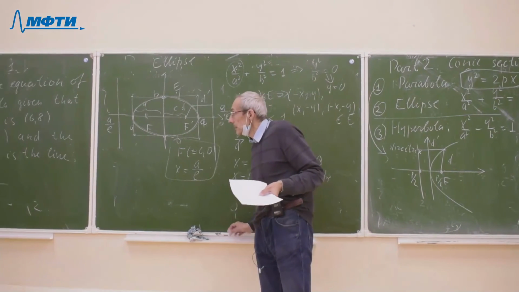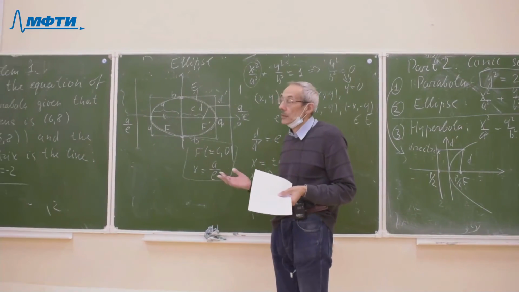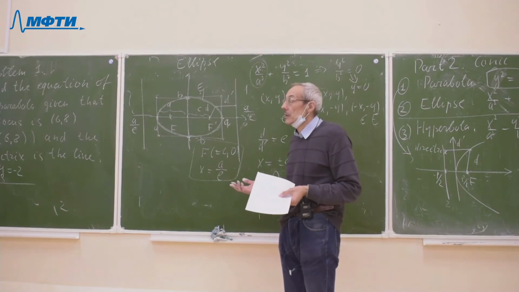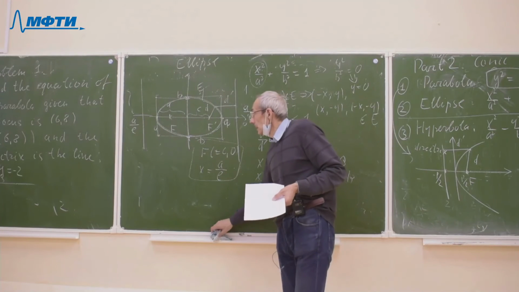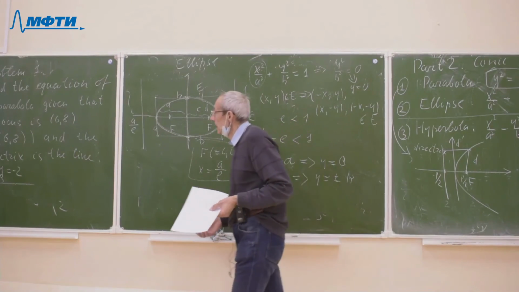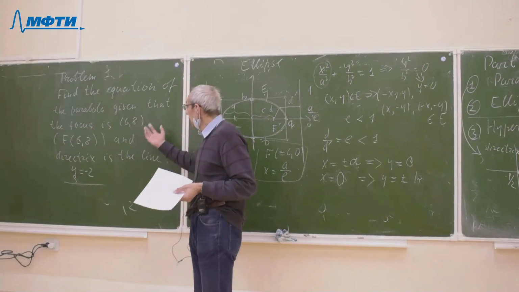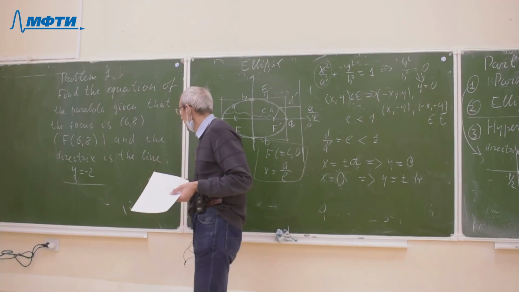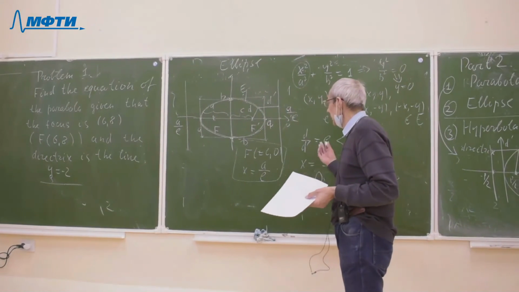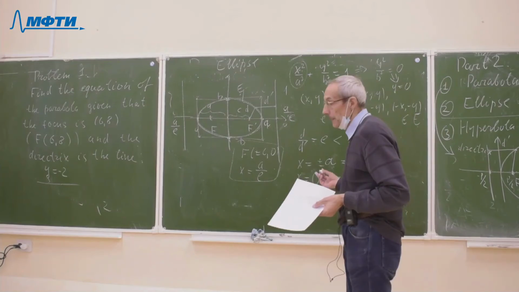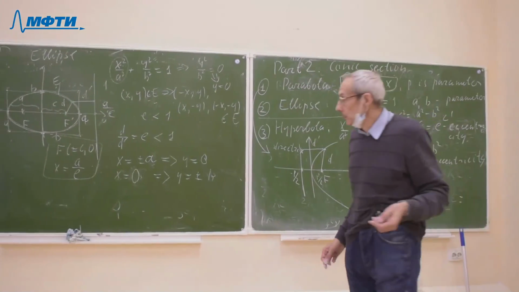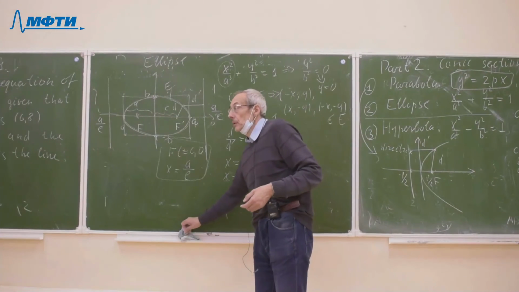Now we can assert that the equation of the parabola is only an equation of the second order, and enough. And let's calculate the equation of the parabola defined by this condition, and we also use the definition of the parabola.